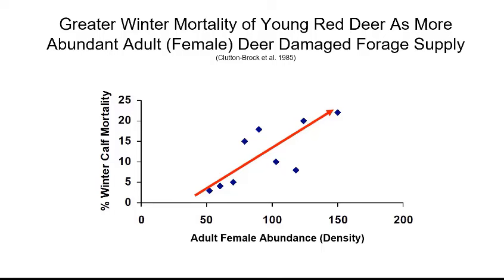It increased the risk of mortality. The previous slide showed it could decrease reproductive success. Those are the two mechanisms whereby malnutrition can impact a population: decrease recruitment or reproductive success, and increase mortality of young animals.